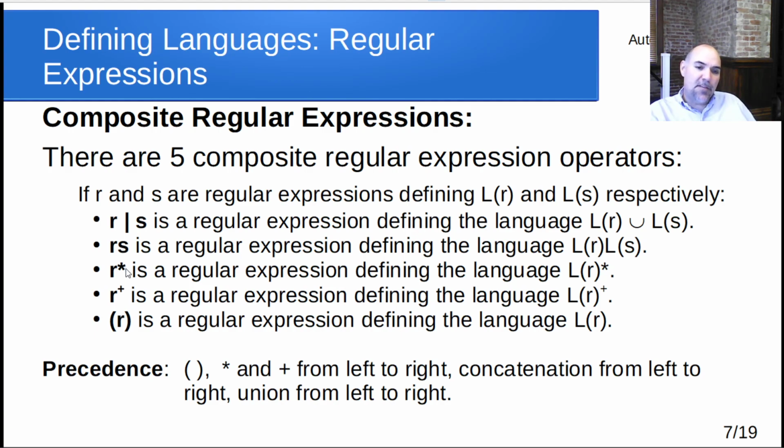And notice that that's kind of the equivalent of exponentiation, followed by concatenation, which you can think of as the equivalent of multiplication, followed by the union operator, which is the equivalent of addition. So in other words, this kind of goes parentheses, star and plus from left to right, concatenation from left to right, and then union from left to right. So they have their own built-in order of operations.